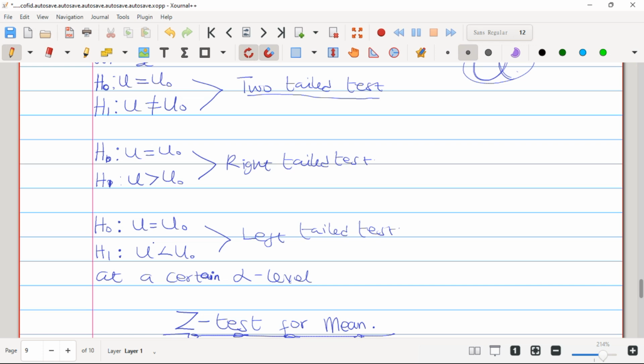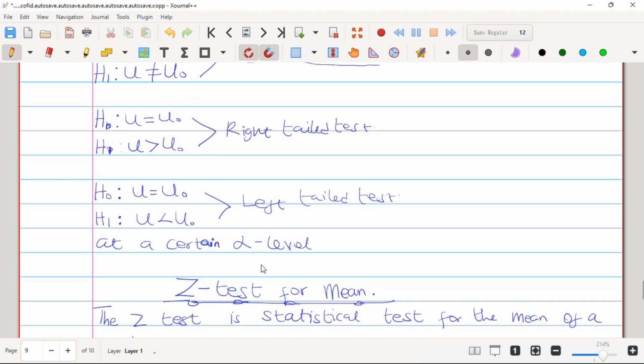For the left, H0 will be mu equal to mu naught, and H1 will be mu less than mu naught. This resembles a left-tailed test, since our H1 is carrying a less than sign, at a given alpha level.